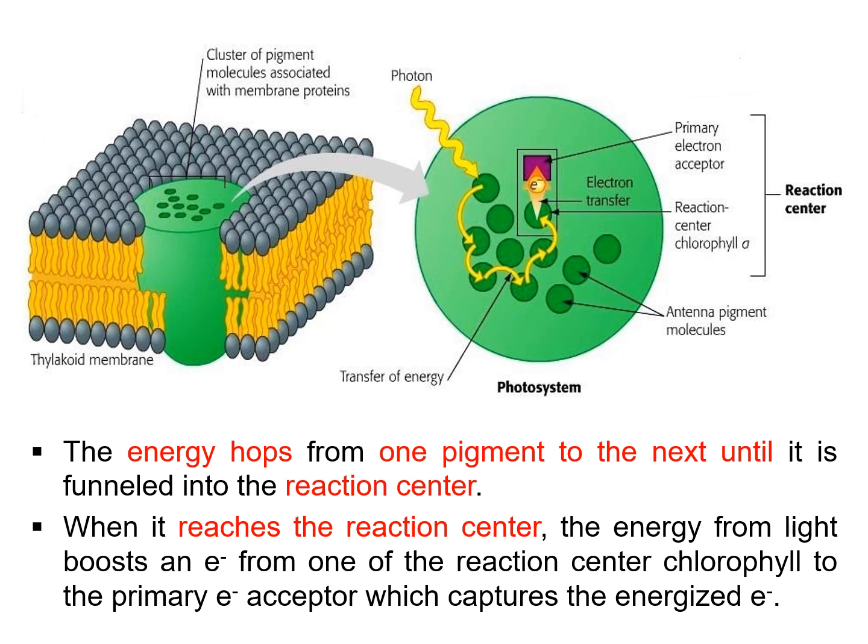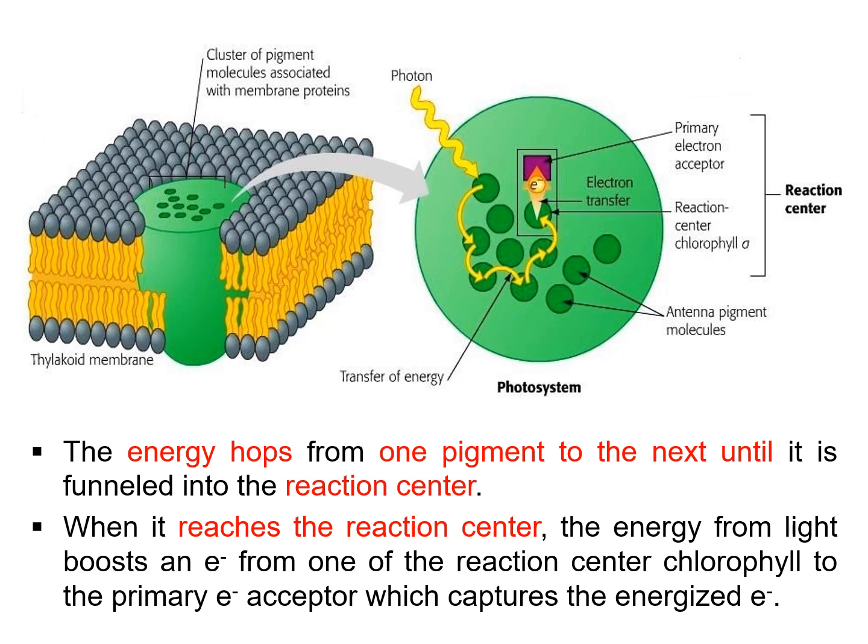Once the electron or this energy reaches the reaction center, the energy from light will boost an electron from one of the reaction center chlorophylls to the primary electron acceptor, which captures the energized electron.